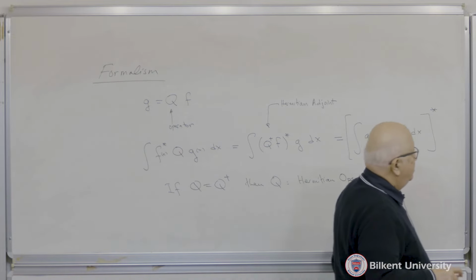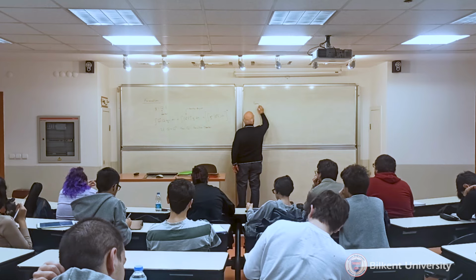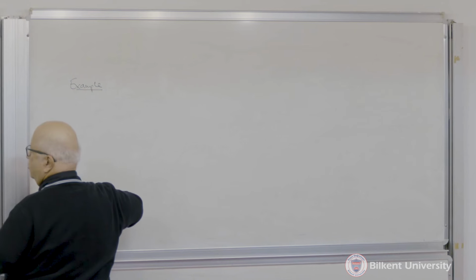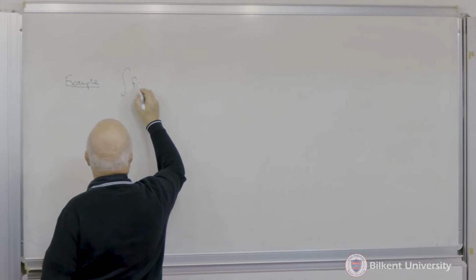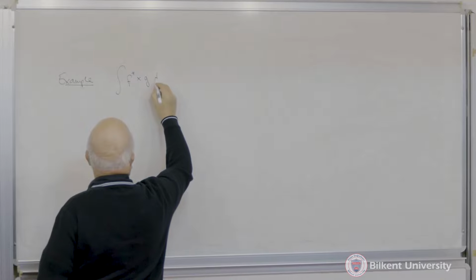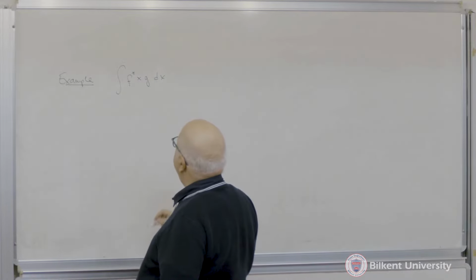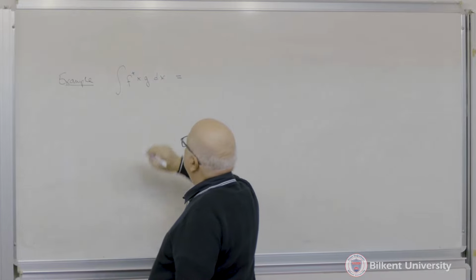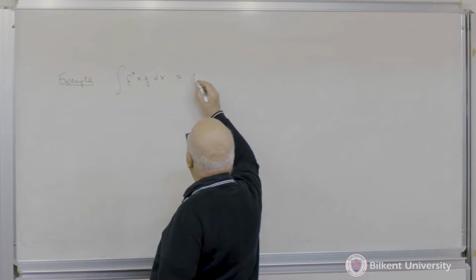Let's just check. As an example, suppose I just write such an equation: the integral of f star x g dx is equal to, you see, I can always move this x to the left.